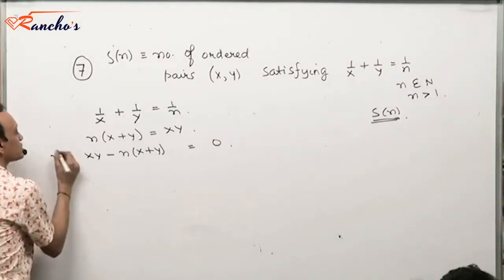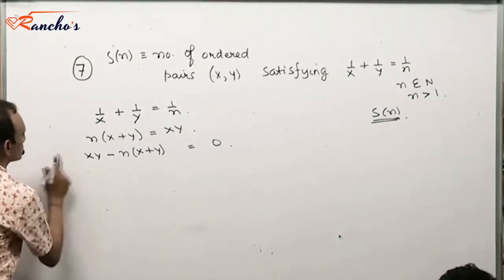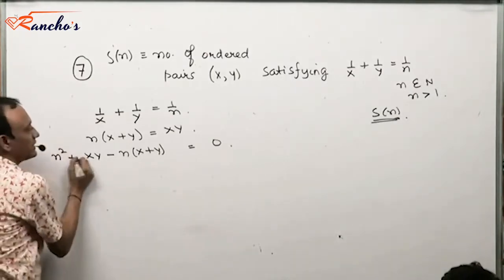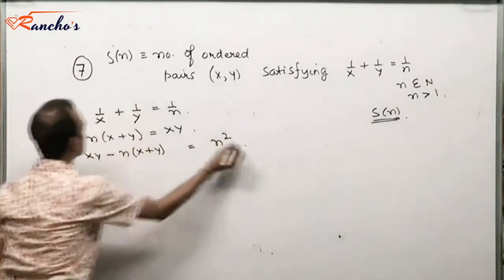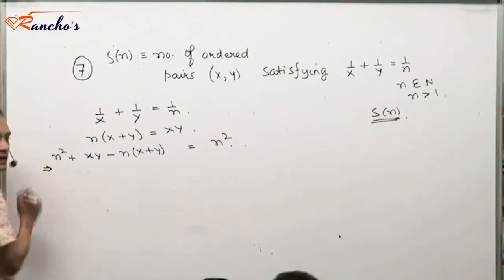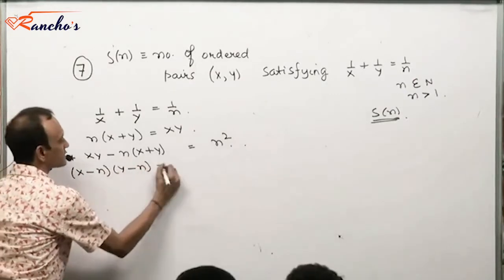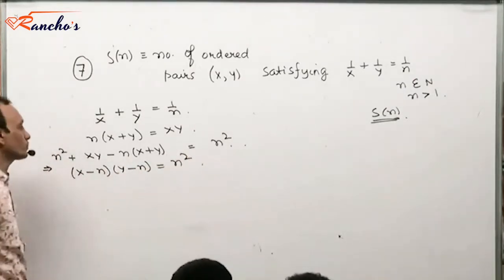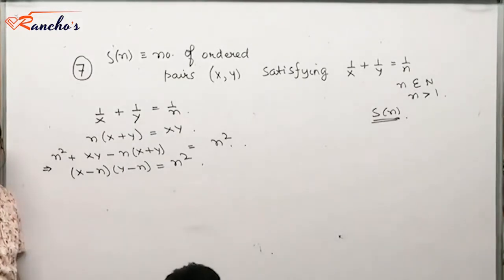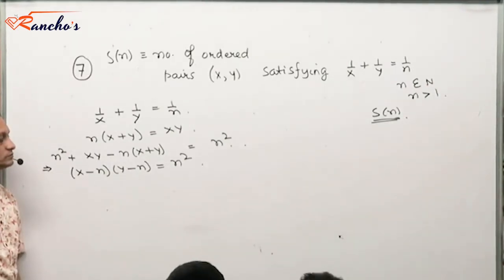Let me add n squared to both sides so that it becomes factorizable. This will then become x minus n into y minus n is n squared. Yes or no? Will it not become this?